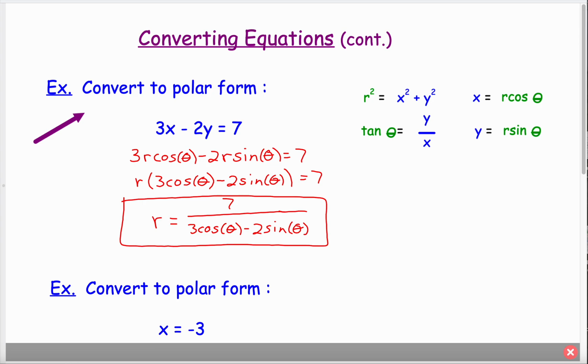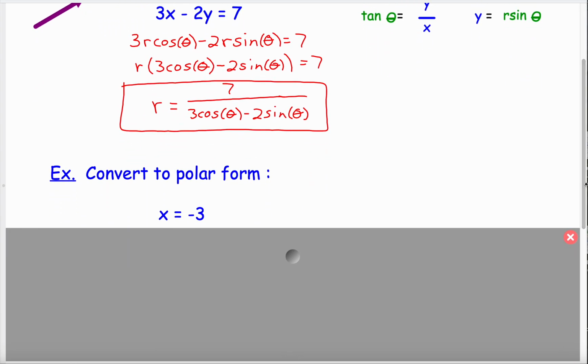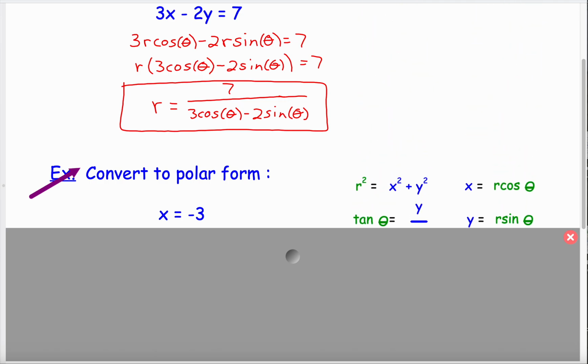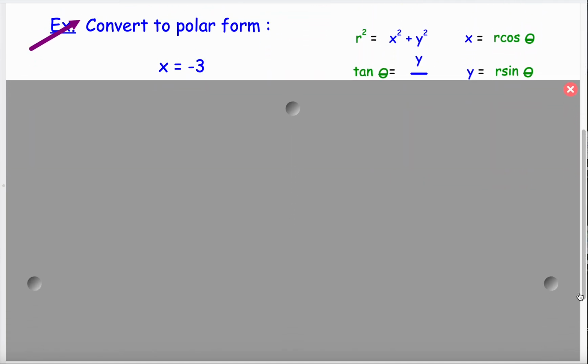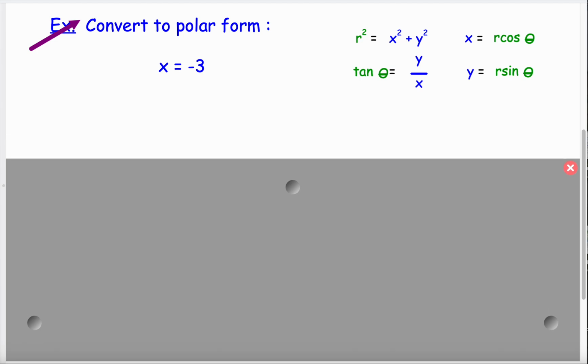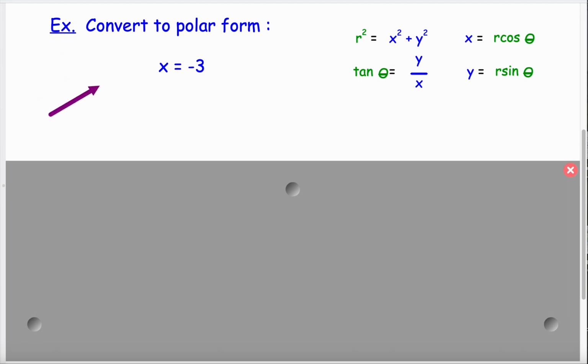Convert to polar form. So let's keep my equations. x equals -3. What are we going to do for this? Well, let's just take the x and replace it with r cosine theta. r cosine theta equals -3. Now it doesn't have any x's or y's, and it has just r's and thetas. Now if I can, I'd like to solve for r though.